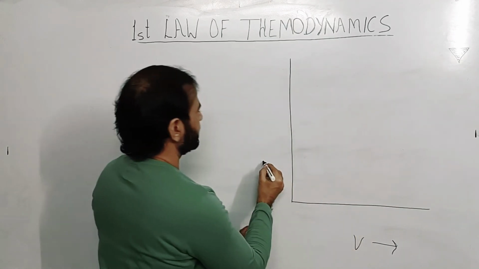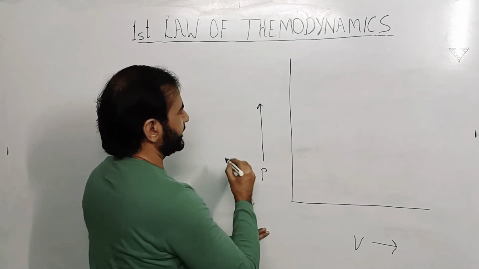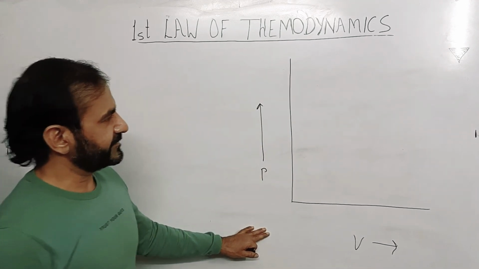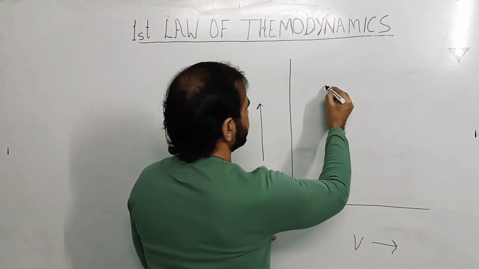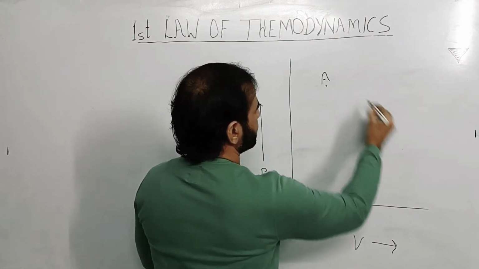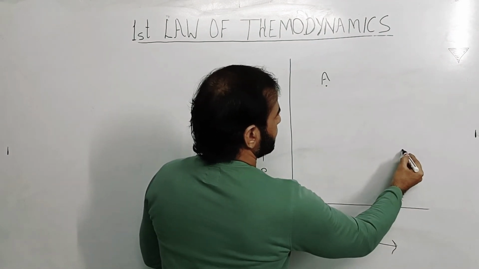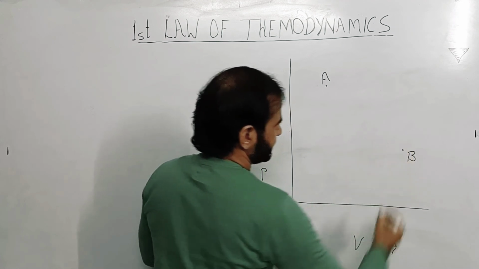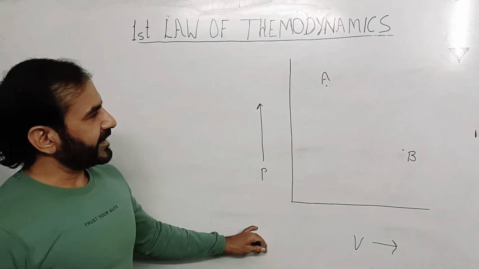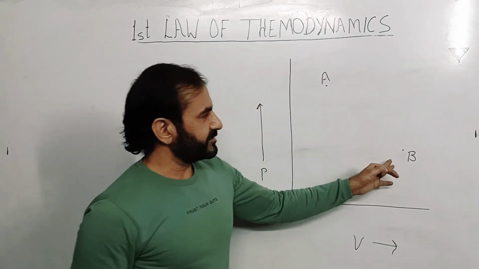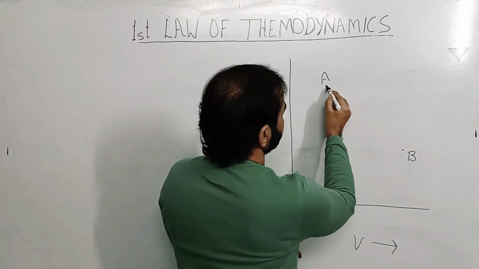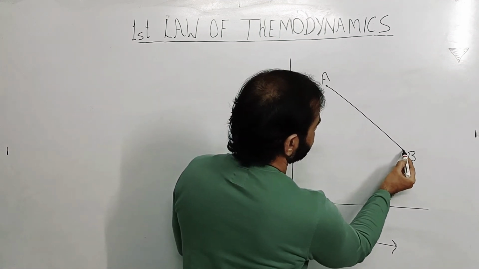V on this axis, P, pressure, in this direction. The system is in state A. There is another state B of the same system. It can go from state A to state B this way, via this path.